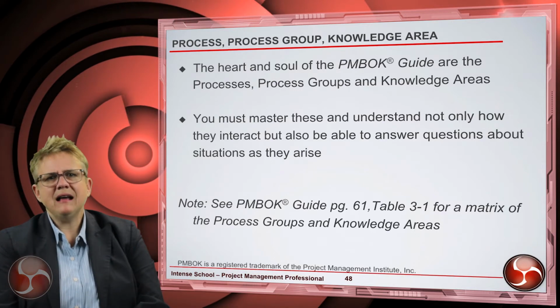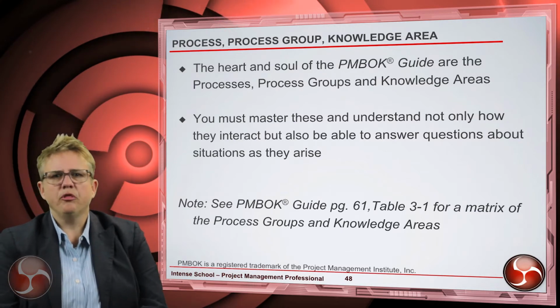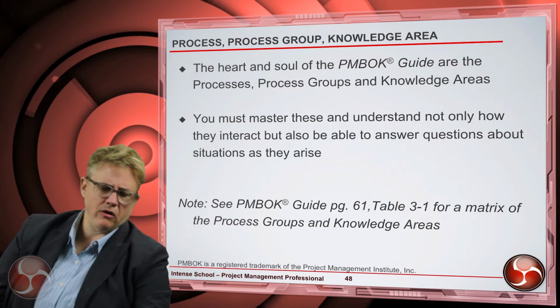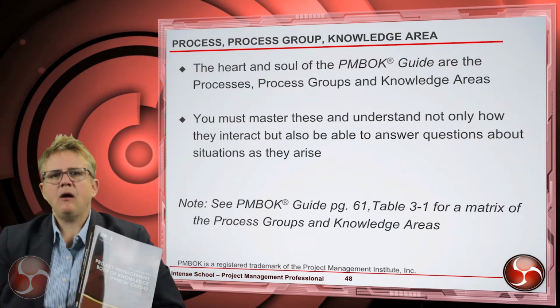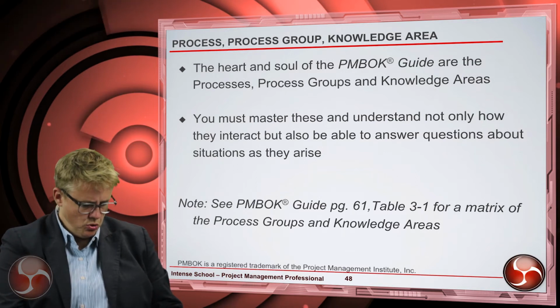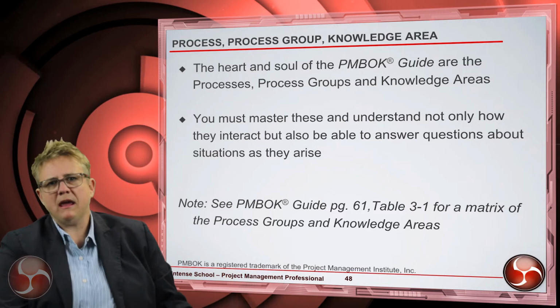Now I'll tell you an excellent reference, page 61, and you'll see table 3-1 for a matrix of the process groups and knowledge areas. So let's go ahead and get the PMBOK out if you don't already have it, and I would like to direct your attention to page 61. This is a matrix you will want to keep available.